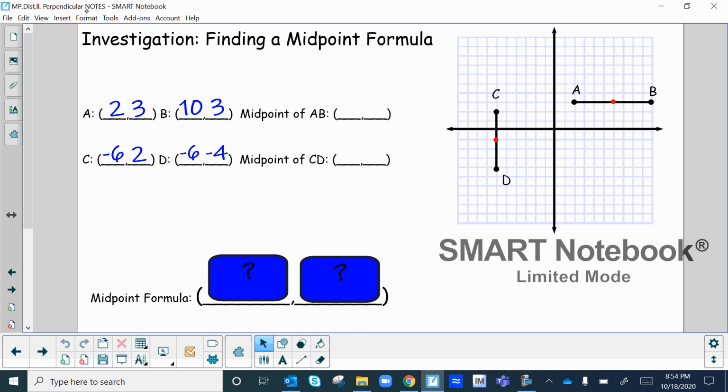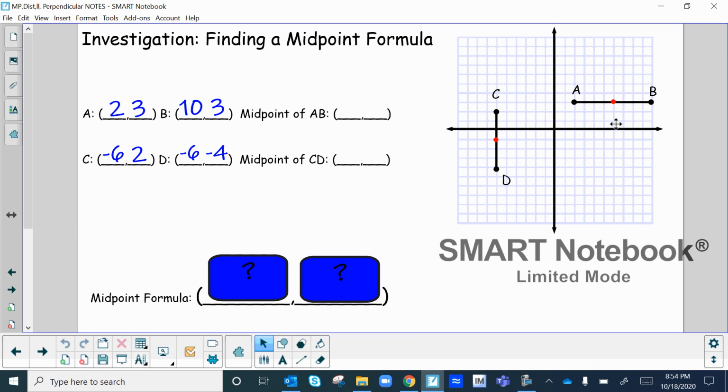So with midpoint, we're going to find the midpoint of these two pretty simple segments, AB and CD. And we're going to discover the formula pretty quickly. I've already marked the midpoint for each one. You know what a midpoint is, and so you can just count on segment AB, 1, 2, 3, 4 units on the left, 1, 2, 3, 4 units on the right.